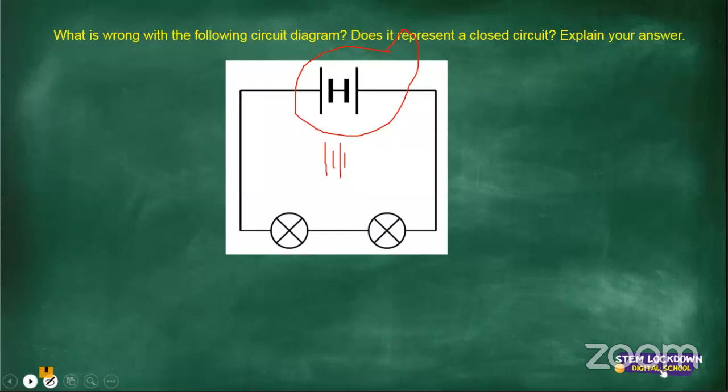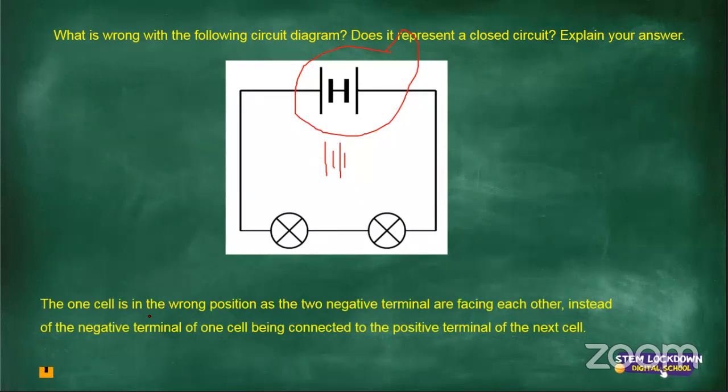Right. So now we say one cell is in the wrong position as 2 negative terminals are facing each other. Instead of a negative terminal of one cell being connected to a positive terminal of the next cell, you have to have a positive and then your negative, and then the positive and the negative.